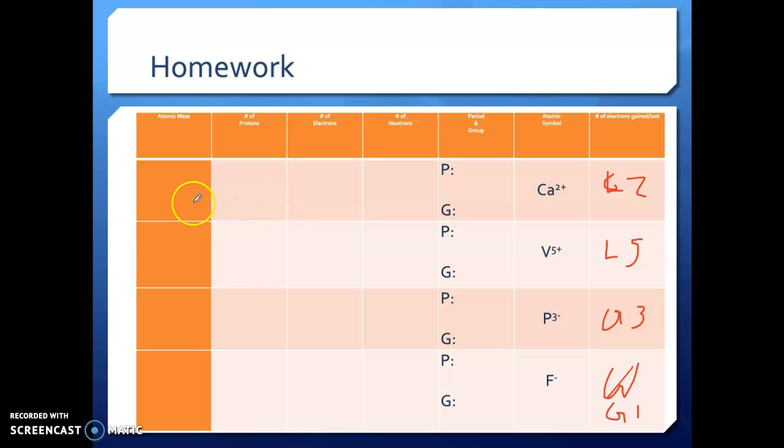So calcium's atomic number is 20, so it has 20 protons, and its mass is 40.08. Vanadium is atomic number 23, so 23 protons. Its mass is 50.94.